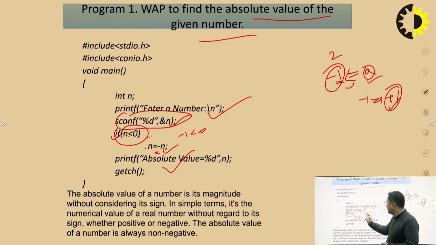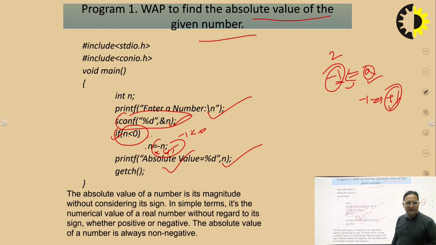The value the user has input is -1, so minus means plus, +1, so the absolute value is 1, right? The absolute value of a number is its magnitude without considering its sign.